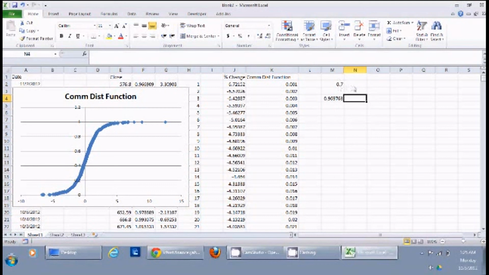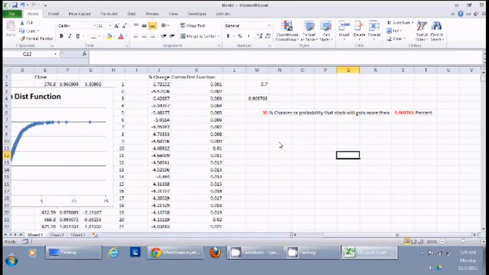So you can see that there is a 30% chance, because 1 minus 0.7 is 0.3. So there is a 30% chance that the stock will return a gain of more than 0.9697%, or about 1%. So it can return more than 1% on a coming day based on this historical data. If I put in 0.8, I can say that there is a 20% chance that the stock will return more than 1.53% in the coming days.